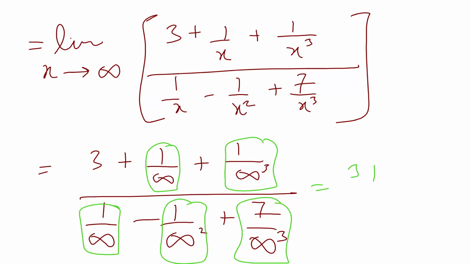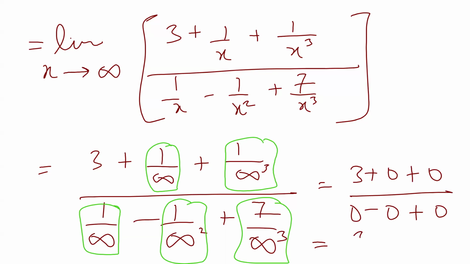So 3 plus 0 plus 0, 0 minus 0 plus 0. So 3 upon 0, which is not defined.